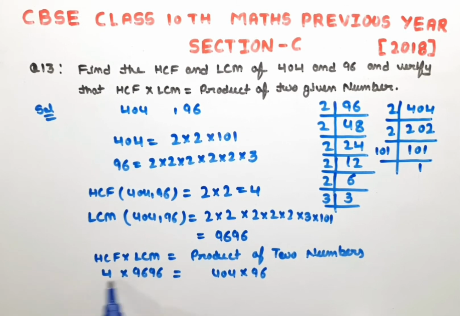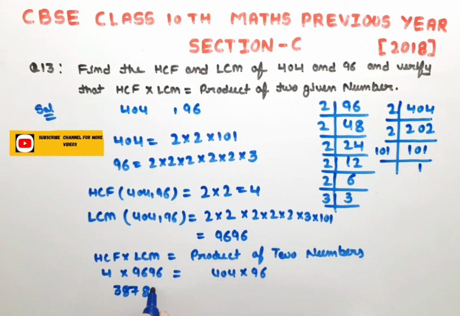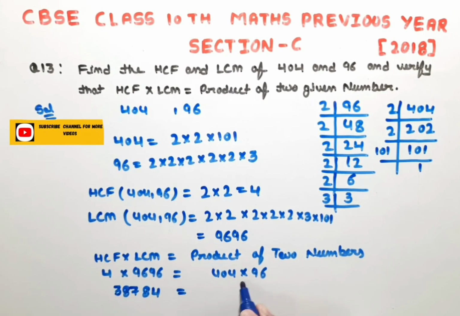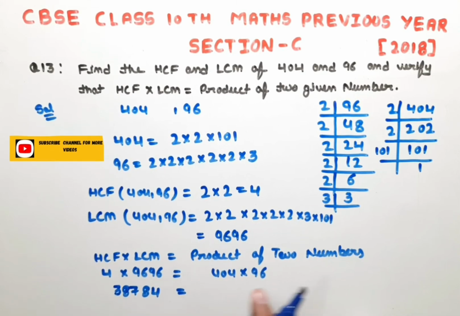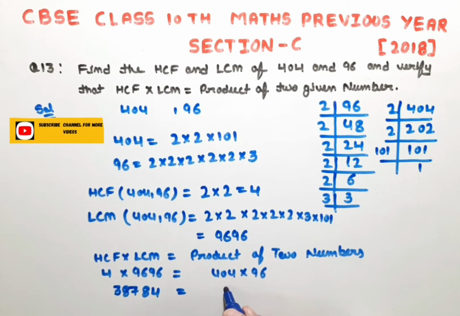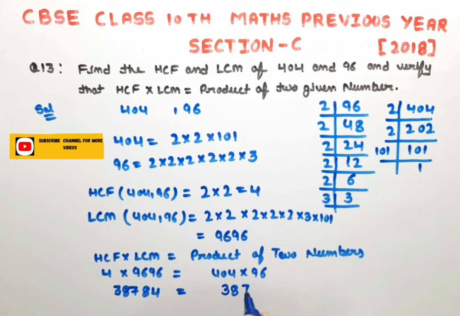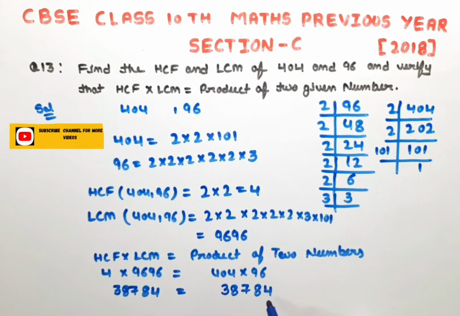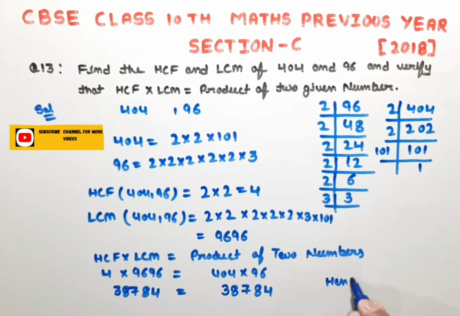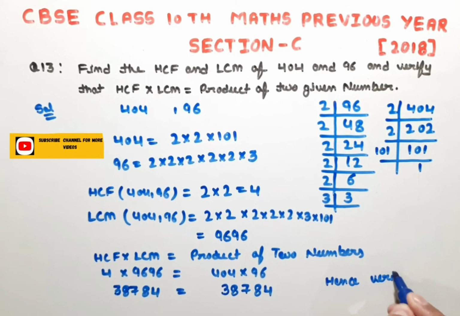The product of these two numbers will be 38,784, and HCF into LCM will also be 38,784. Hence verified.